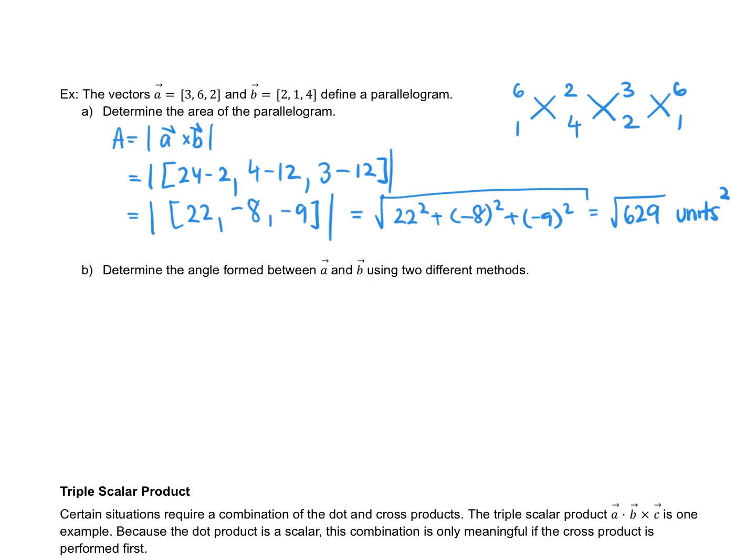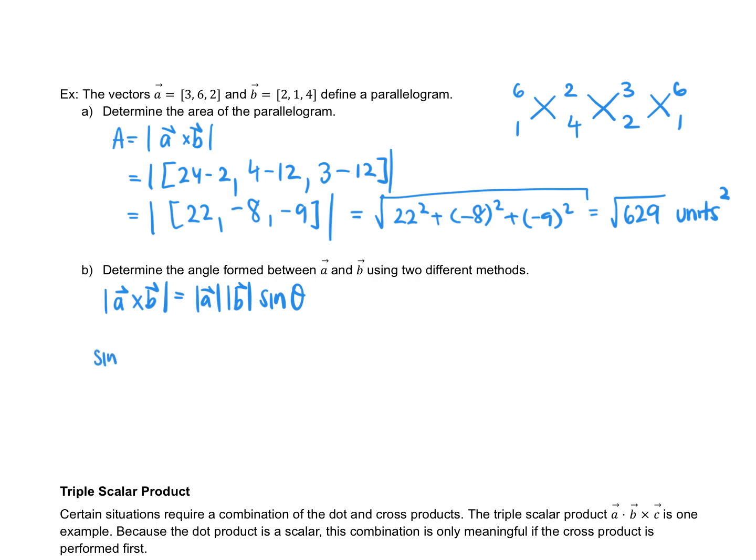Now determine the angle formed between vectors A and B using two different methods. Well, when are the two times that I've seen theta? I've seen it in the dot product and I've seen it in the cross product. So we know that the magnitude of the cross product is equal to the magnitude of the individual vectors times sine theta.